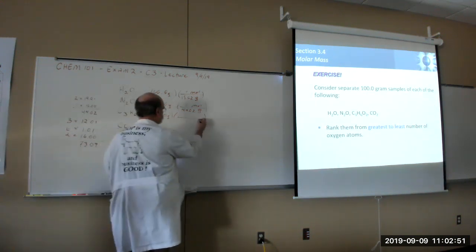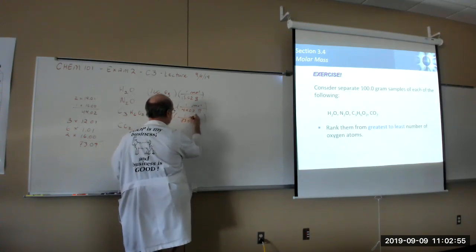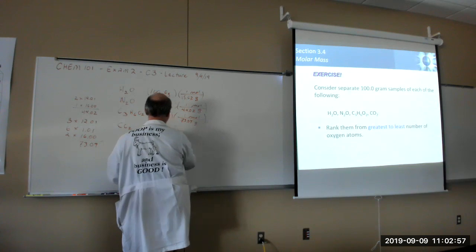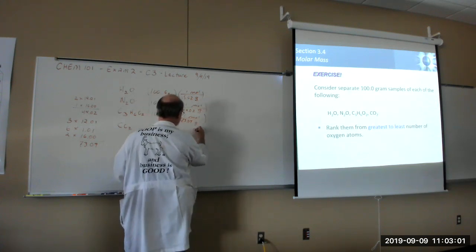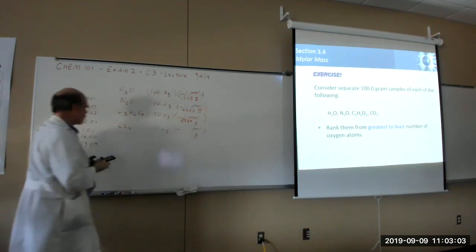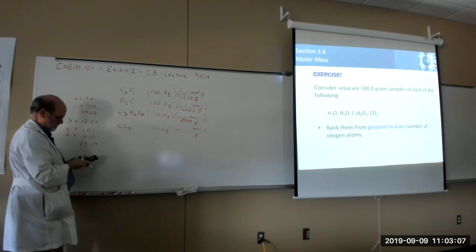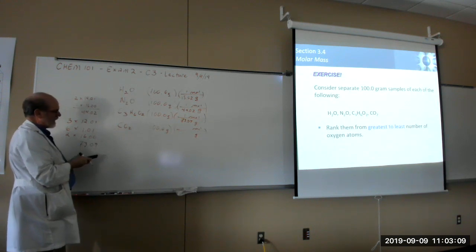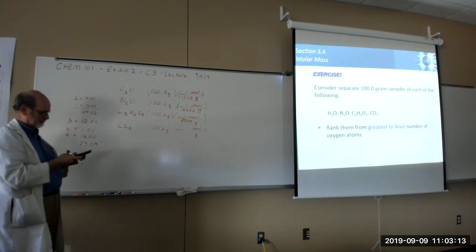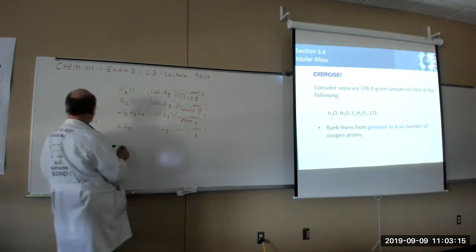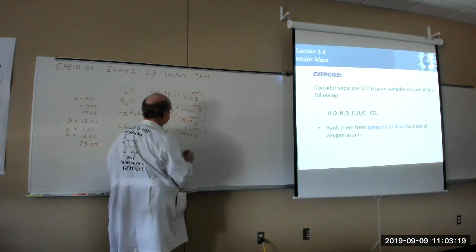So this one is 74.09 grams per mole. Grams on the bottom, moles on the top. And CO2. So that's 12.01 for carbon and 32 for oxygen, 2 times 16. 44.01. There we go.